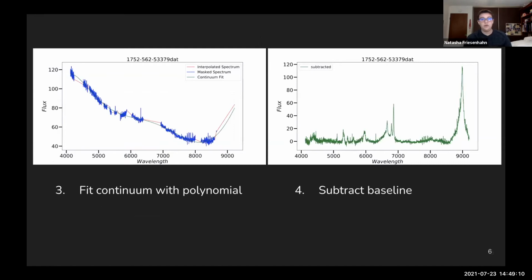From here, we use the continuum fit to subtract the baseline, so we end up with a flat spectra, which you can see in green on the right. Then we move on to actually fitting H beta and oxygen 3 with Gaussian components.